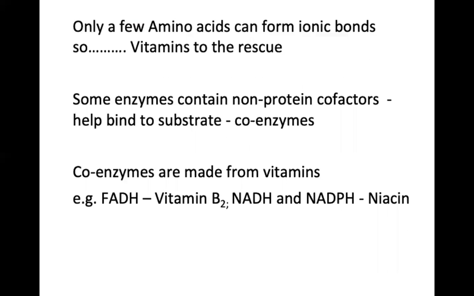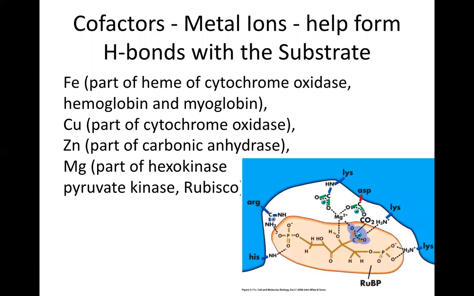In addition to coenzymes, which are small non-protein organic molecules, some enzymes are actually using metal ions, such as iron, copper, zinc, magnesium, manganese. Here are some examples. Now, these metal ions, because they're ions, they're charged, help form hydrogen bonds and ionic bonds with the substrate.